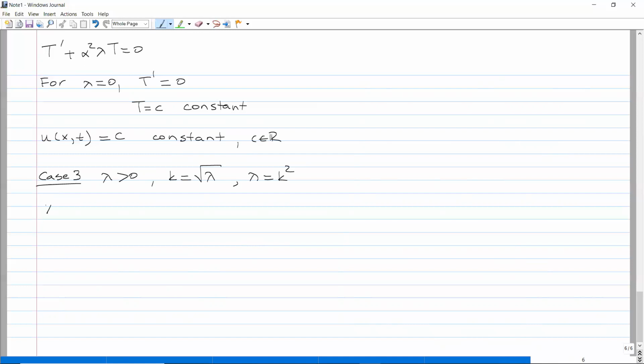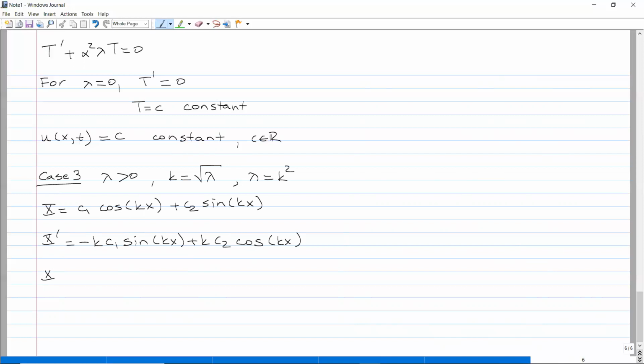So the solution is going to be C1 cosine kx plus C2 sine of kx. So if you take the derivative, minus k C1 sine of kx plus k C2 cosine of kx.